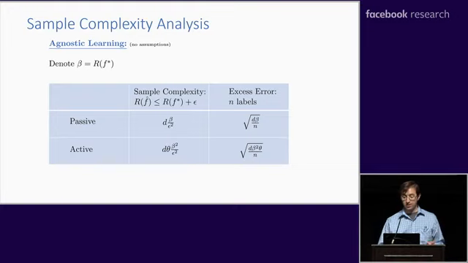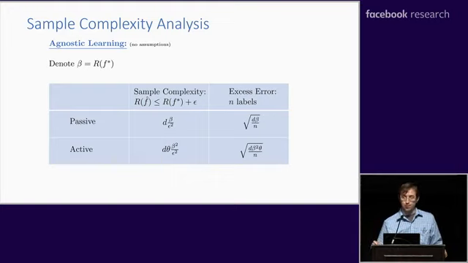With passive learning, it turns out you require about d times beta over epsilon squared labeled samples. And with active learning, again with the same algorithm, d times theta times beta squared over epsilon squared. So the difference between these two bounds is we've squared the beta.